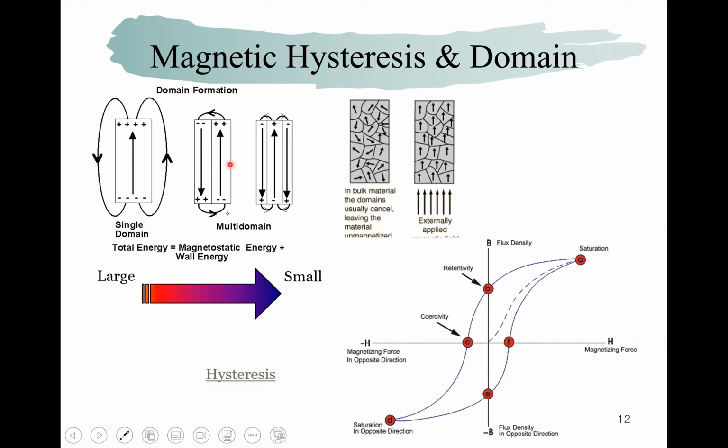And what happens if you make even smaller domains? The stray field is even smaller and occupies only a small area, small volume. So the magnetostatic energy of this multi-domain state is much smaller. It implies they prefer this state instead of the single domain.